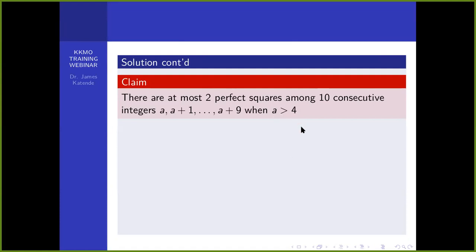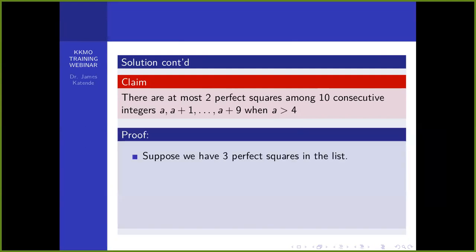That's going to be clear in a short while. So suppose we have 3 perfect squares in the list. When we start from 4 going up, we have seen we only get 2 perfect squares. Anything below 4, we have seen we get either 4, 3, or 2. So we want to figure out what happens if you consider all numbers A greater than 4.